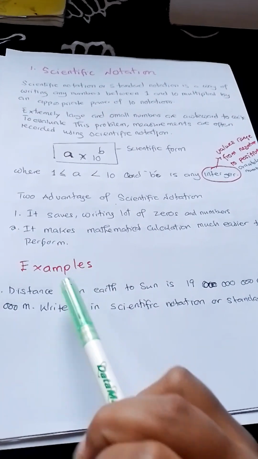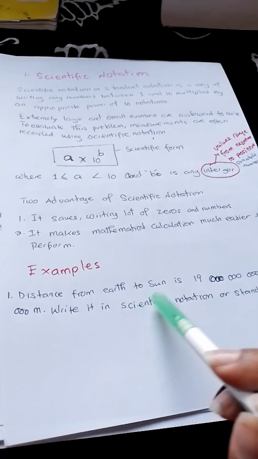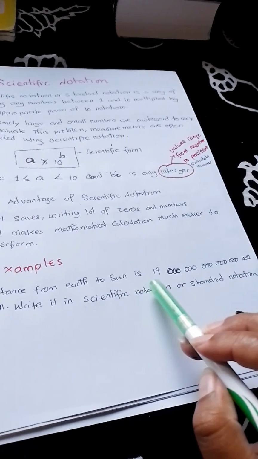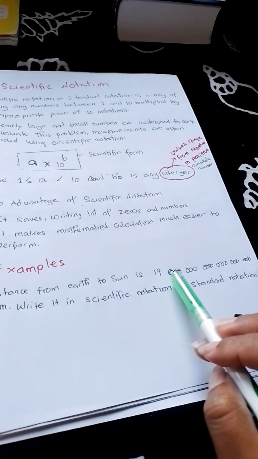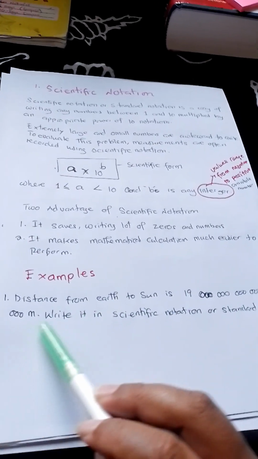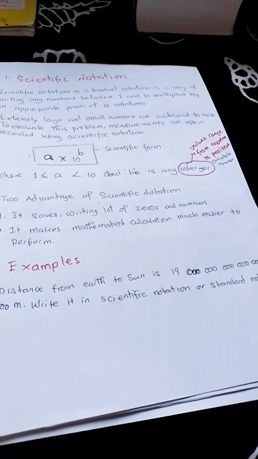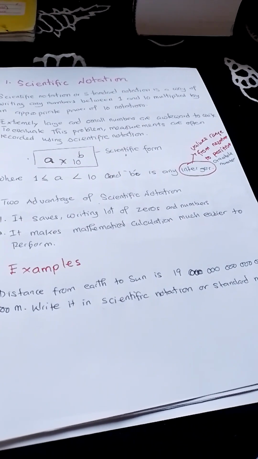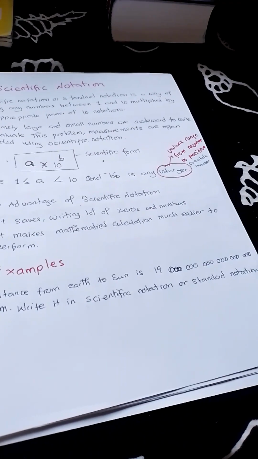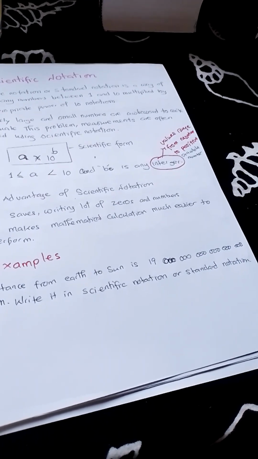Okay, example: the distance from Earth to Sun is 19,000,000 meters. Write it in scientific notation or standard notation.